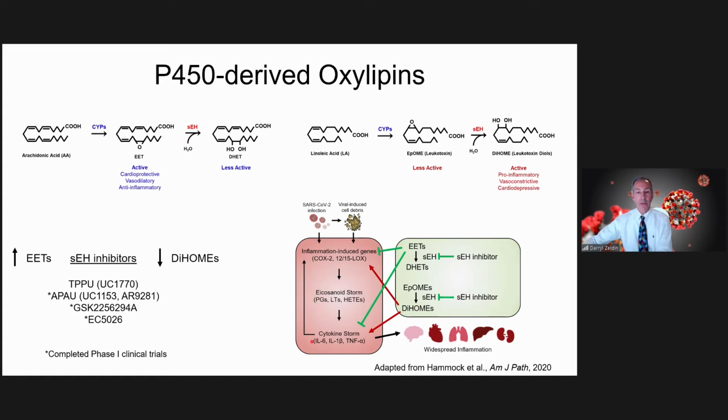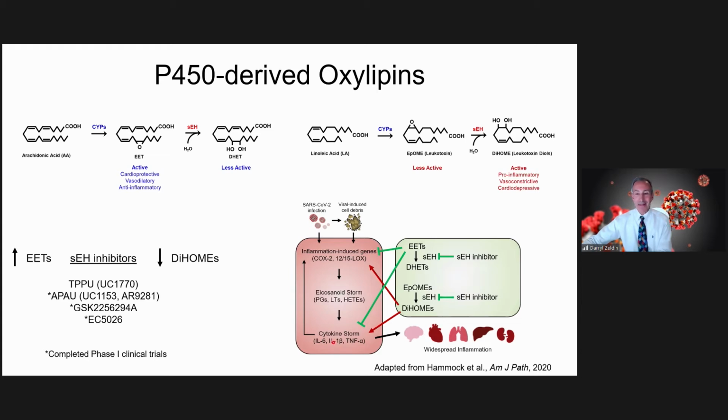During SARS-CoV-2 infection, as both Deepak and Bruce showed earlier, there's an upregulation of genes, including cyclooxygenase 2 and 12 and 15 lipoxygenase, that lead to an eicosanoid storm with production of pro-inflammatory prostaglandins, leukotrienes, and HETEs, which leads to the cytokine storm, which is production of pro-inflammatory cytokines such as IL-1 beta, IL-6, and TNF-alpha, which leads to the widespread inflammation that's characteristic of COVID-19.